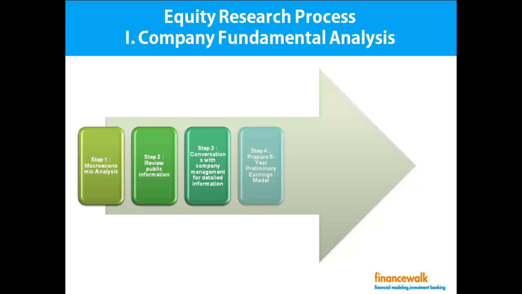After you do this, you should prepare a 5-year preliminary earnings model. What you should include in the earnings model: EPS growth rate, earnings forecast, earnings prospects, balance sheet and cash flows, which we have covered in the financial statement analysis.